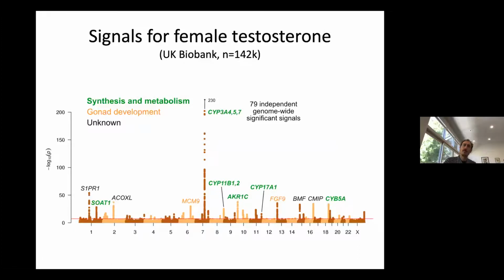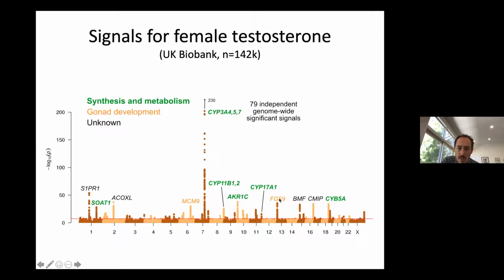Okay, so based on some preliminary analysis, we decided to run the testosterone GWAS separately in males and females. When we look at this in females, what we see is that there's clear enrichment of hits that are in these biosynthesis genes marked in green, and this is a large and highly significant enrichment.